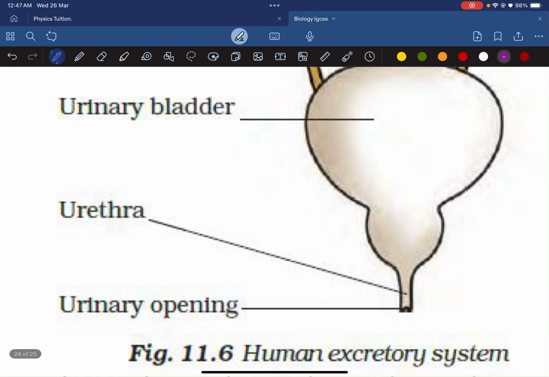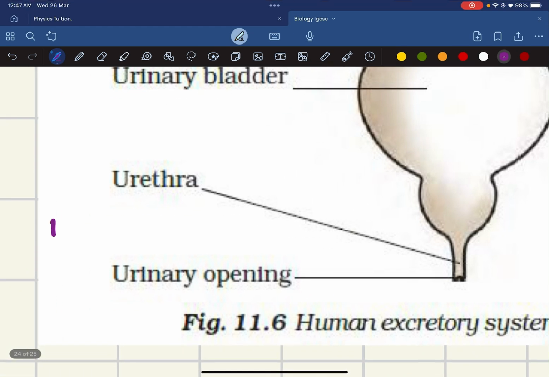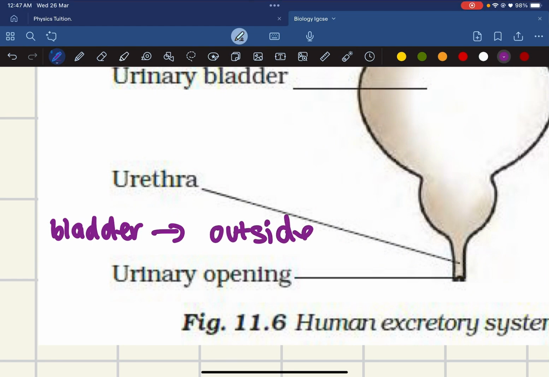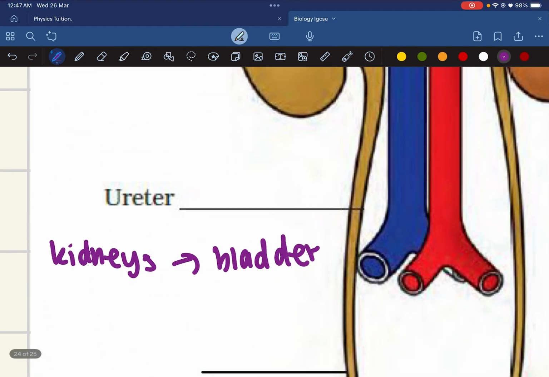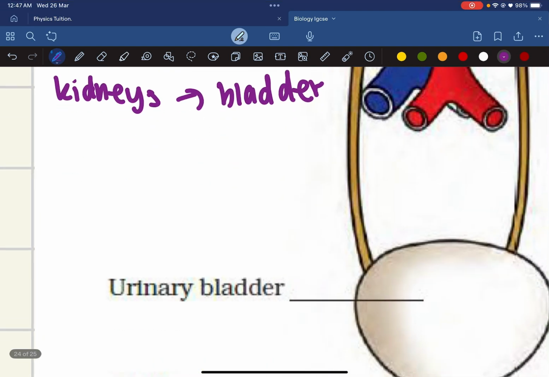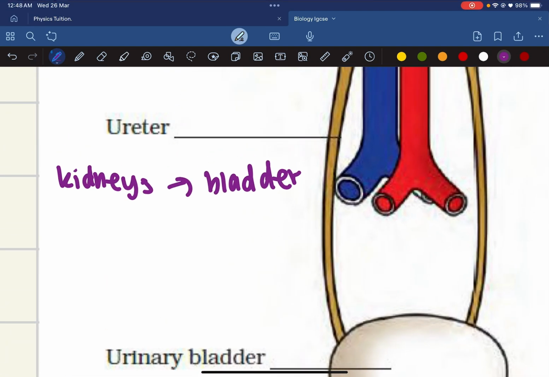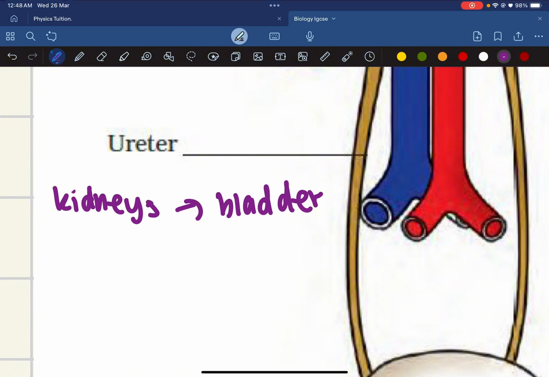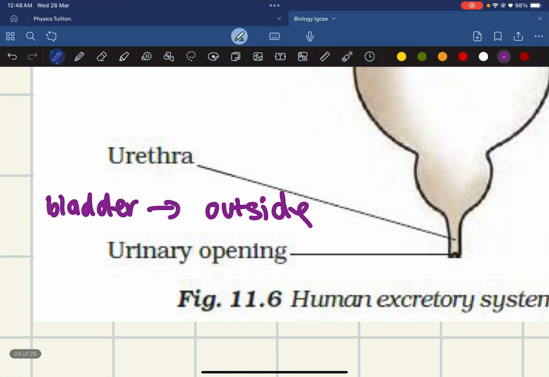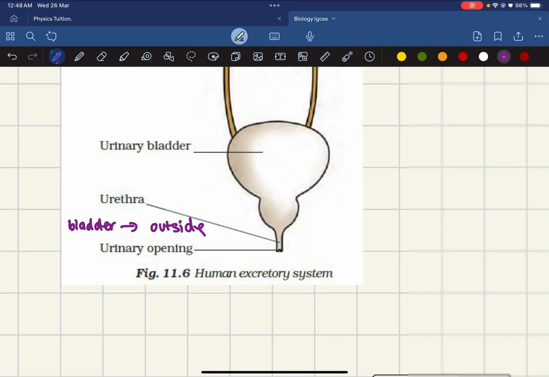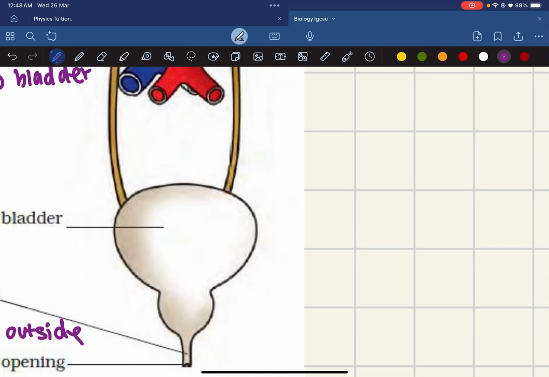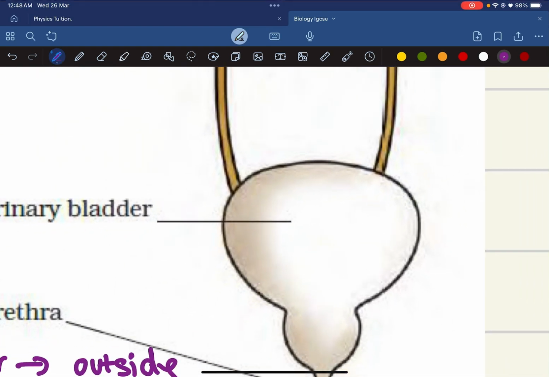And your urethra transports urine from your bladder to outside. So these two similar looking words, their purpose is just for transportation. And your bladder is where all your urine is stored.